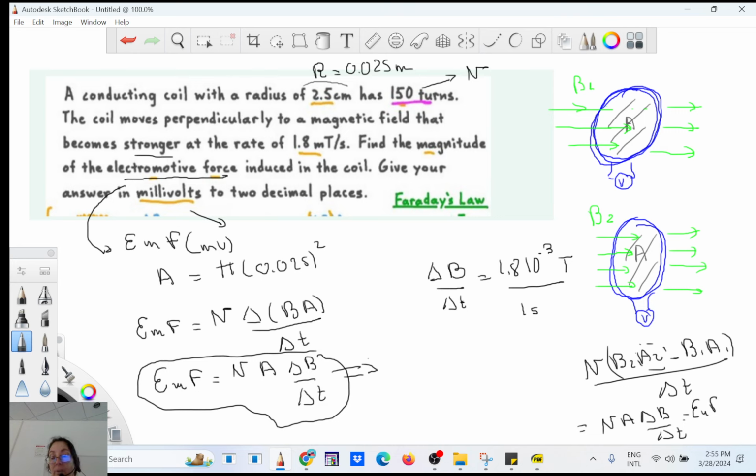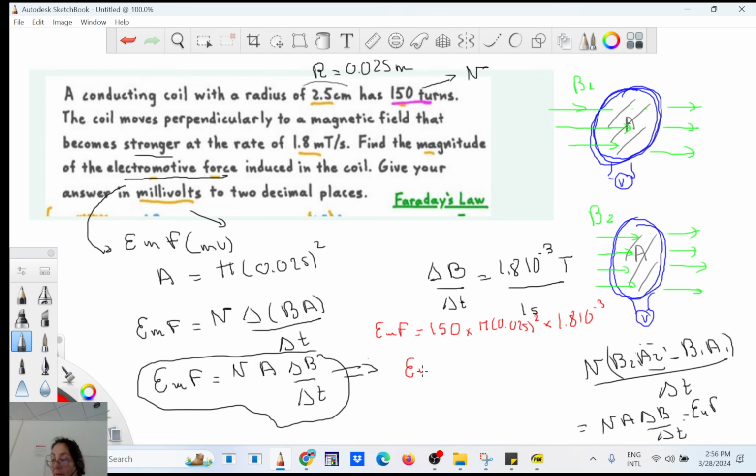Okay, so let's compute. So the EMF equals the number of loops, so it's going to be 150 times the area, so pi times 0.025 square, times this here, 1.8 times 10 to the negative 3.